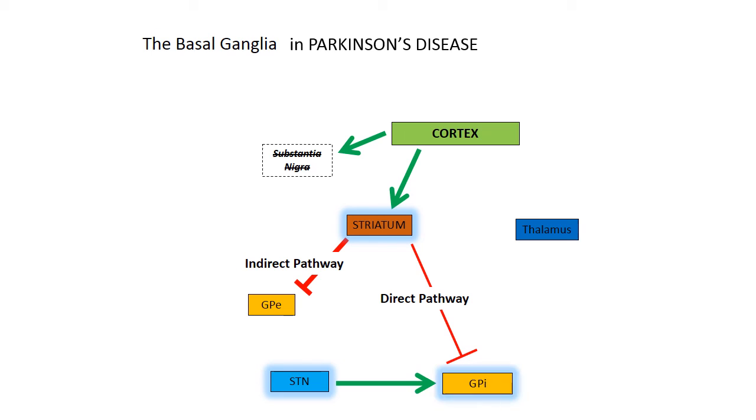The sum of these two inputs is that the internal globus pallidus is now strongly active, leading to an inhibition of the thalamus. The result of this is the thalamus is less active, providing less excitation of the supplementary motor area, which in turn leads to difficulty in initiating voluntary movements, which is essentially bradykinesia.